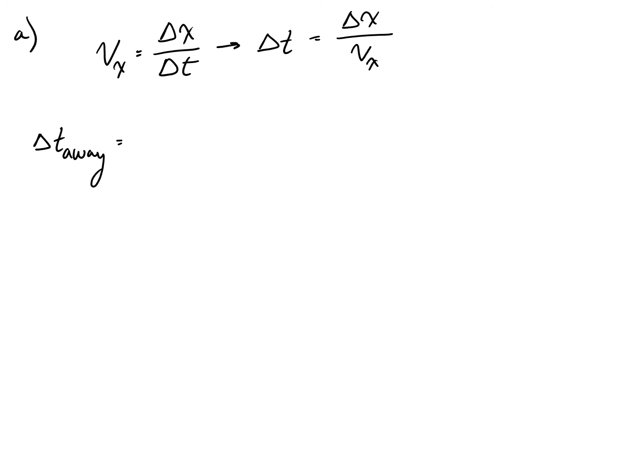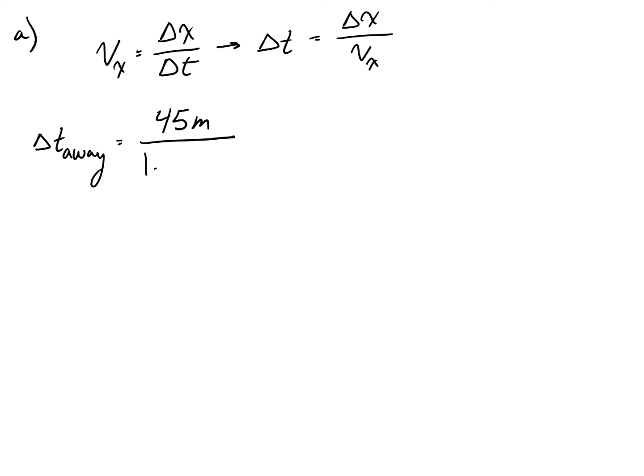For running away, our position is 45 meters. For our velocity, we want to use the value that we have in meters per second. We do not want to round to 2 sig figs for our velocity here, because we want to make sure we're not accidentally rounding too soon.